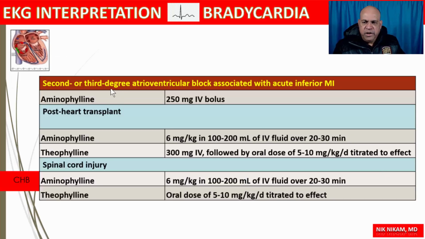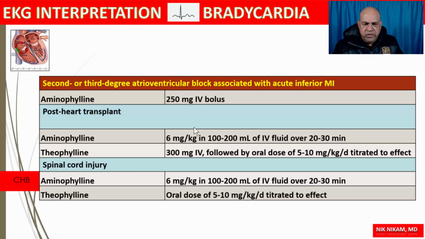Okay, if we are dealing with third degree atrioventricular block associated with acute myocardial infarction, then we can try aminophylline 250 milligram IV bolus, or it can be given as 6 milligrams per kg in 100 to 200 ml of IV fluids over 20 to 30 minutes.